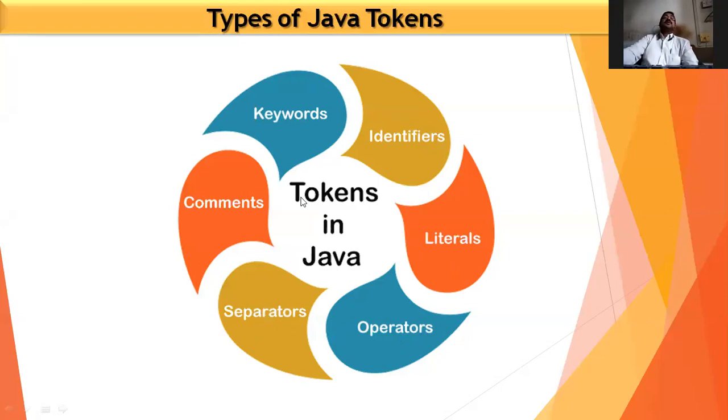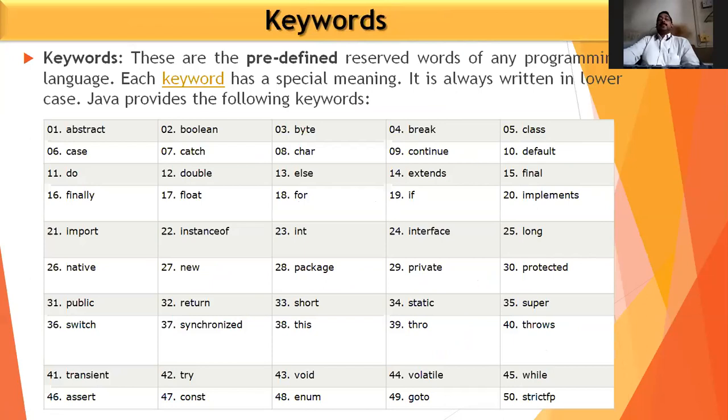Those are called the separators. And the Java tokens also have the comments. The comment line is also defined as a Java token in Java. Okay, so these are the types of the Java tokens. Let us see the keywords.